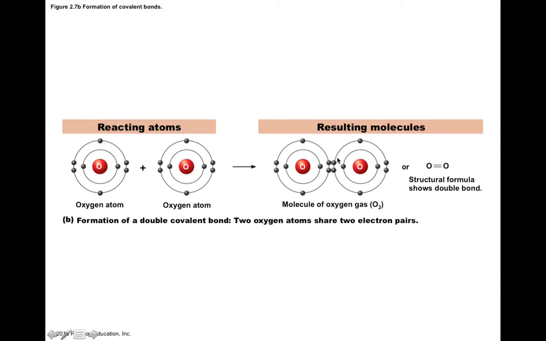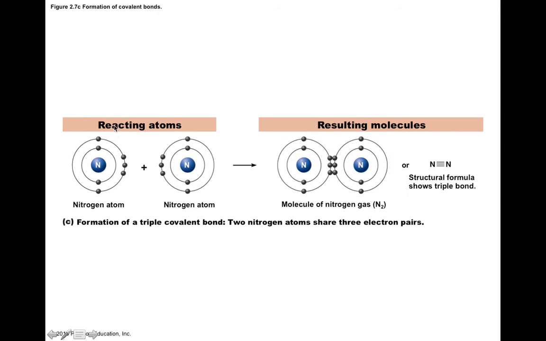You have 2, 3, 5, 6, and then 8 here. There's another 2, so each oxygen atom has satisfied the octet rule, and this forms a double covalent bond. The double covalent bond is stronger than a single covalent bond, so molecular oxygen is a pretty strong molecule.